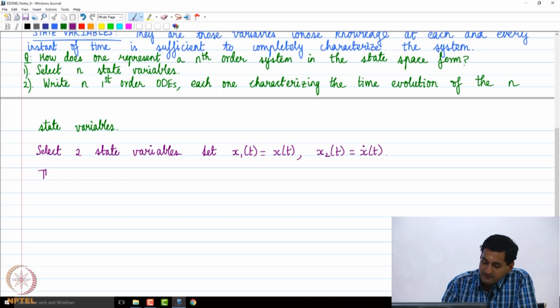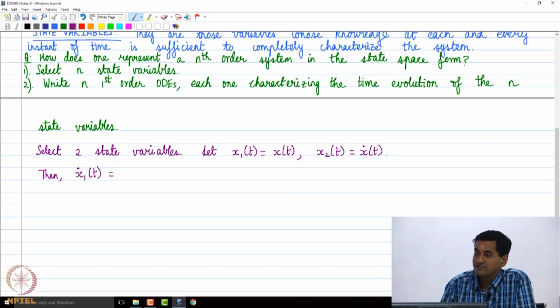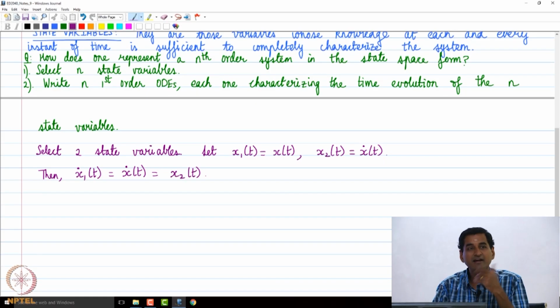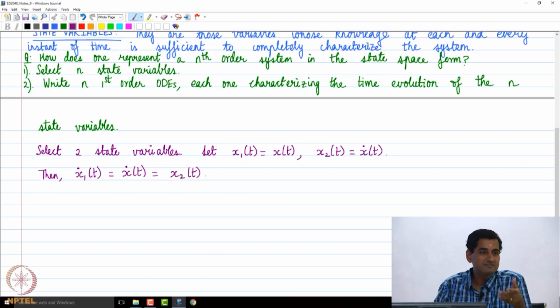So then we can immediately observe that x1 dot of t, which is the first derivative of the first state variable x1, is going to be equal to x dot of t, right? If I differentiate the first state variable, I am going to get x dot. But what is x dot? x dot is going to be equal to x2 of t, right? So the idea is essentially to write these time evolution equations in terms of the state variables themselves and the inputs. Okay, that's where we are coming to, right? So that's what we get from the first equation.